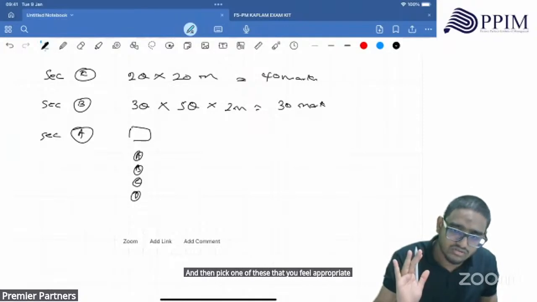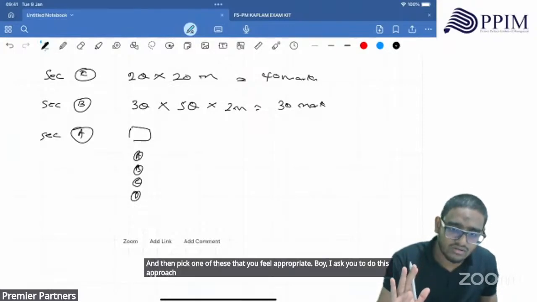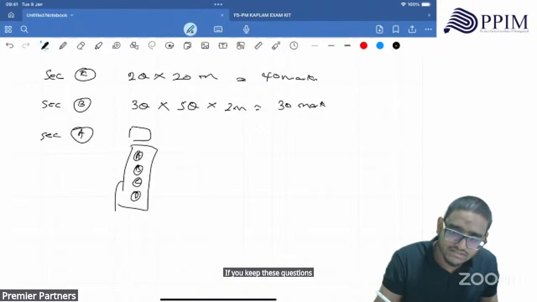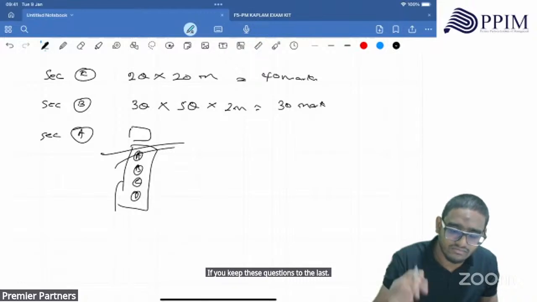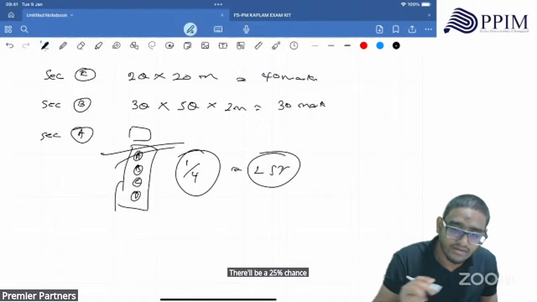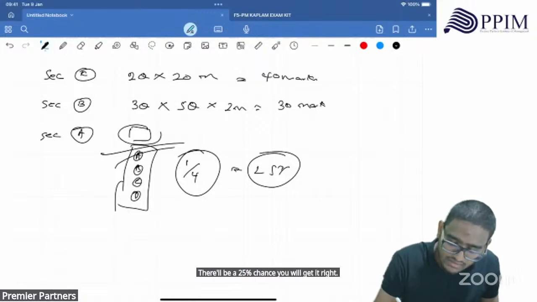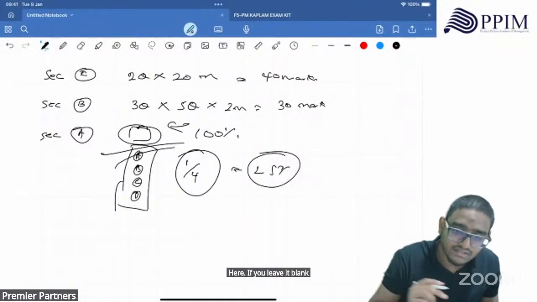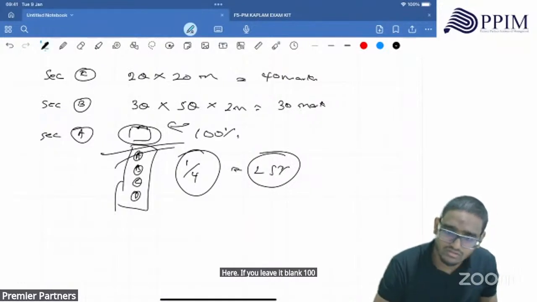Why I ask you to do this approach: in case you run out of time at the exam, if you keep these questions to the last, you can just blindly strike. There'll be a 25% chance you will get it right. Here, if you leave it blank, 100% chance you are not going to get the marks.